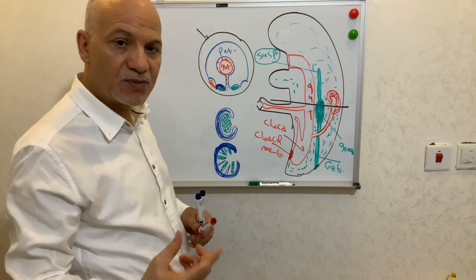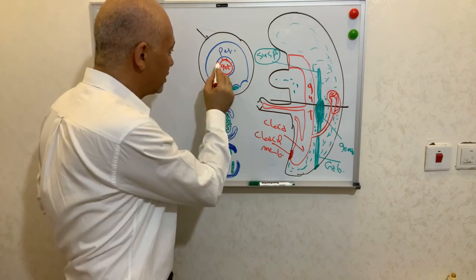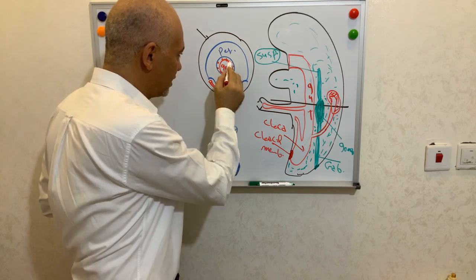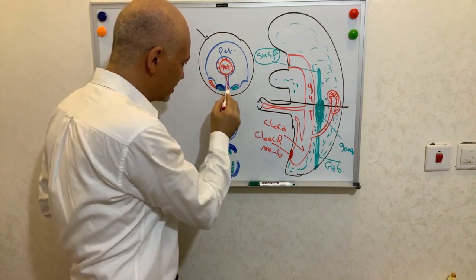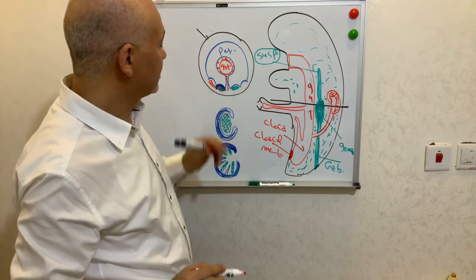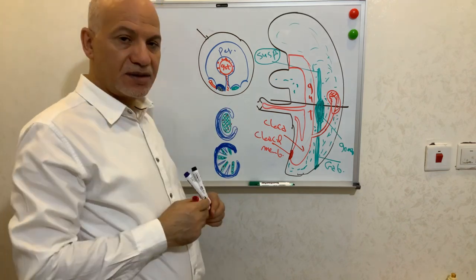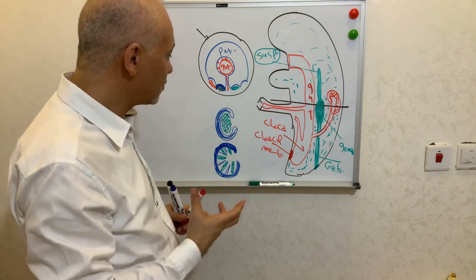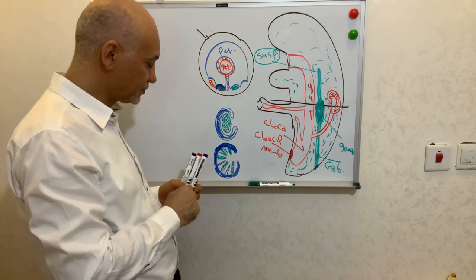The third type of cells is present in the gut here and migrates in the dorsal mesentery and is incorporated in the gonads. Now the gonads are formed of three types of cells.